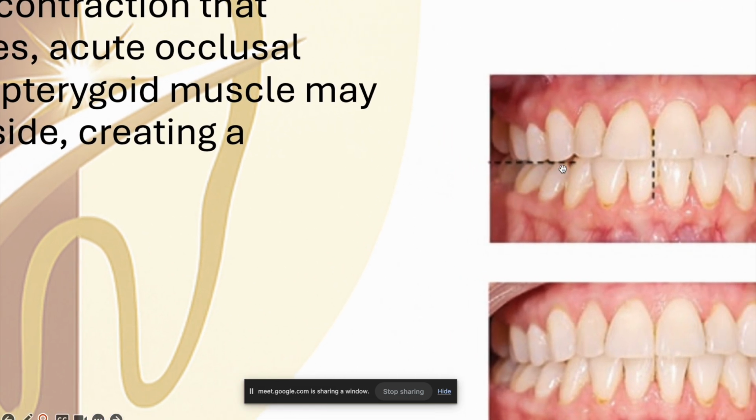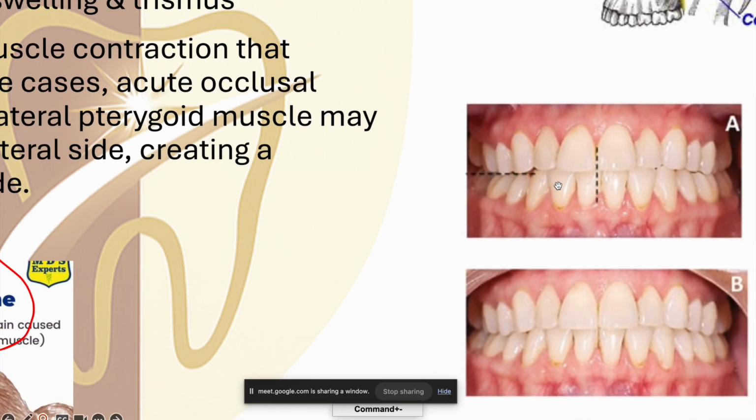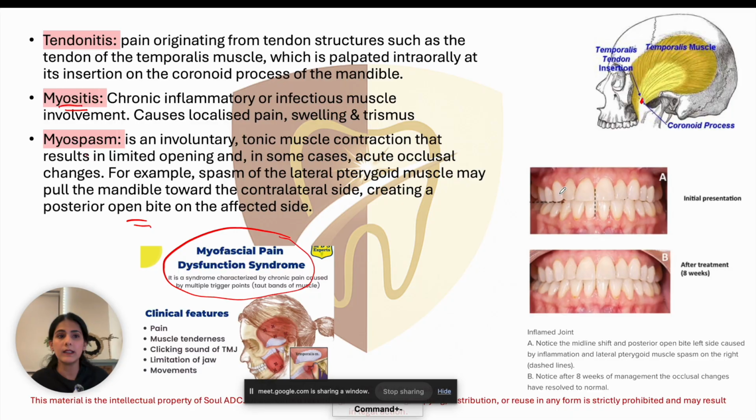Here there is a little bit of gap, and that's because of the lateral pterygoid muscle going into spasm, and because of that a slight open bite might be seen at the back. And after treatment, here we can see after 8 weeks the condition has improved.